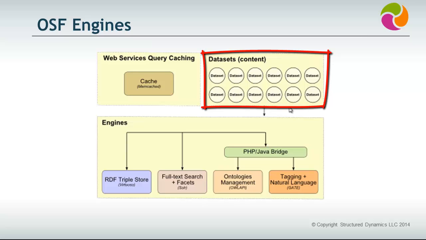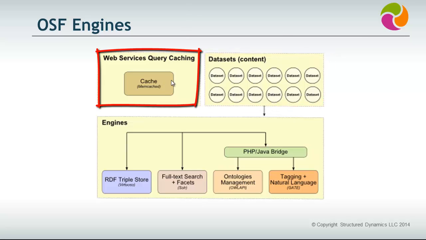These are basically self-consistent groupings of records that have potentially different access rights and other things. And so they become the unit of interaction with those engines. And then, for efficiency purposes, there's also a caching layer at the engine layer.